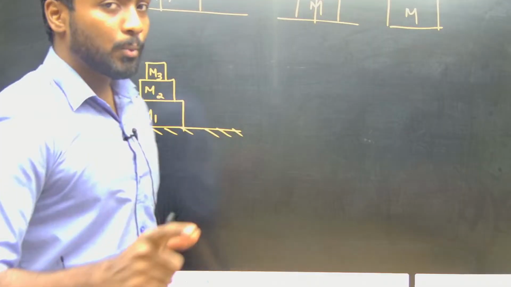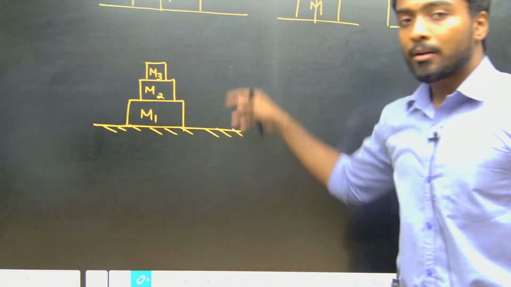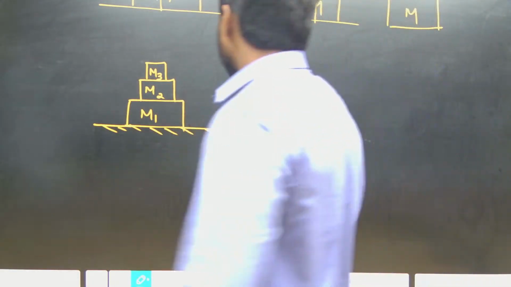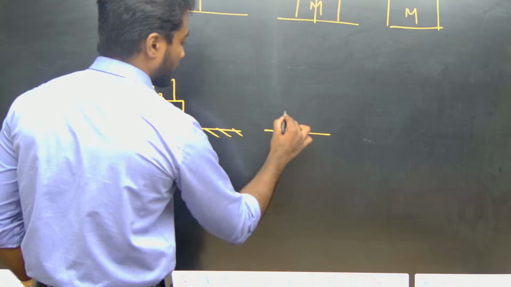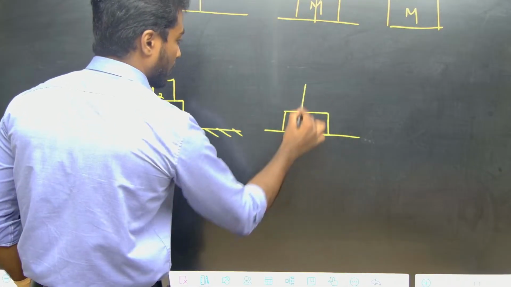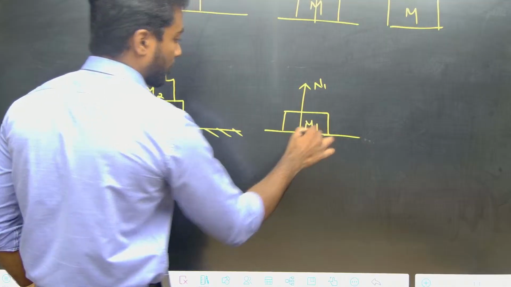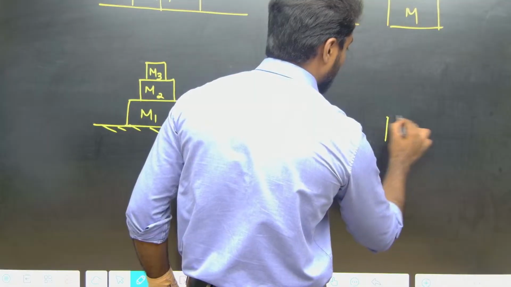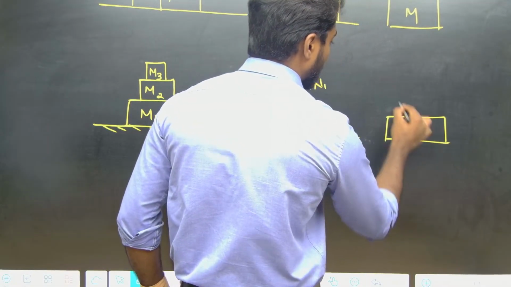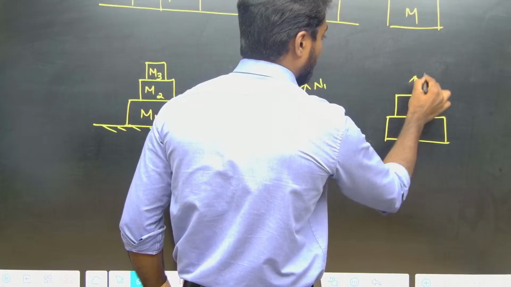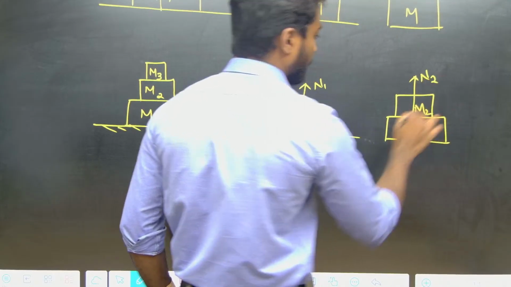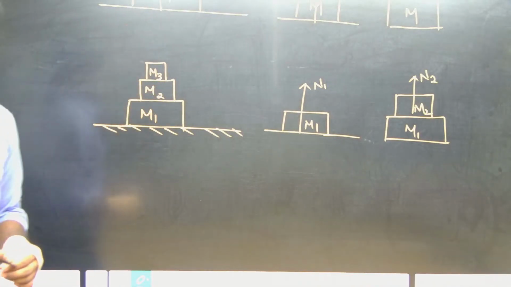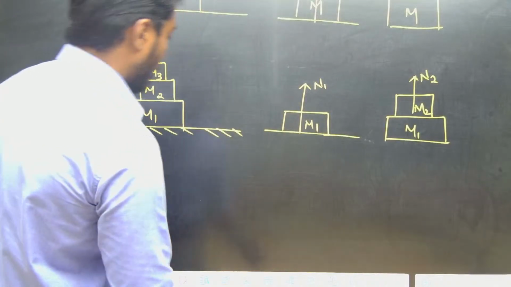How many normals will this diagram have? One, two, three, three normals. So M1 will have N1. Next, M2, this is my M1 and this is my M2, so M2 will have N2. Similarly, M3 will also have N3. So three normal forces.